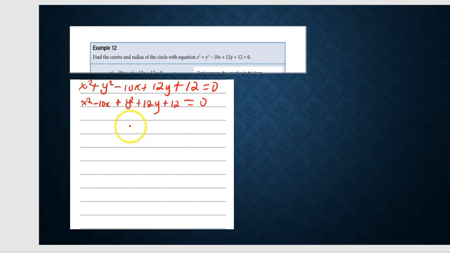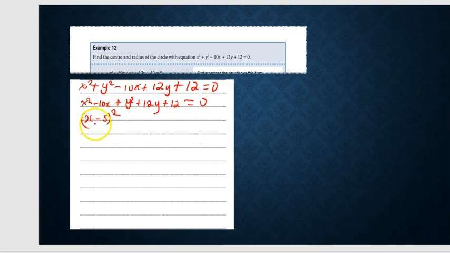Completing the square is one of the methods we use in solving quadratic equations. So here, let's complete the square for x and y, because we have x squared and y squared. For x, we have x squared minus 10x. So we can have x minus 5, by factorization, squared.